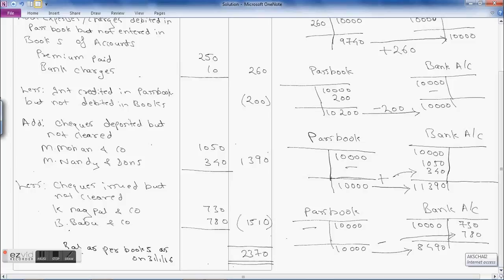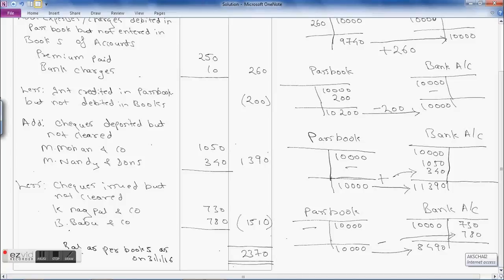So this is one way of cross checking. If you have considered all the transactions and if your bank reconciliation statement is correct, and you're starting from balance as per passbook, you have to get balance as per books of account as on the date when you are preparing the bank reco, or vice versa.